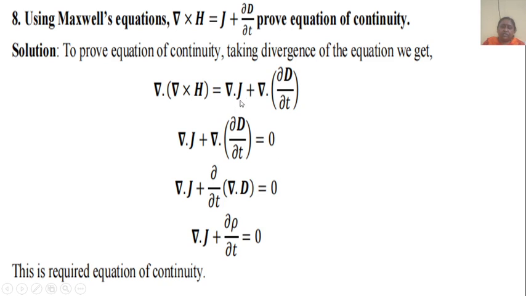So del dot J plus delta by delta T del dot D equal to 0. This is del dot J plus delta rho by delta T equal to 0. This is the required equation of continuity using Maxwell equation del cross H equal to J plus delta D by delta T.